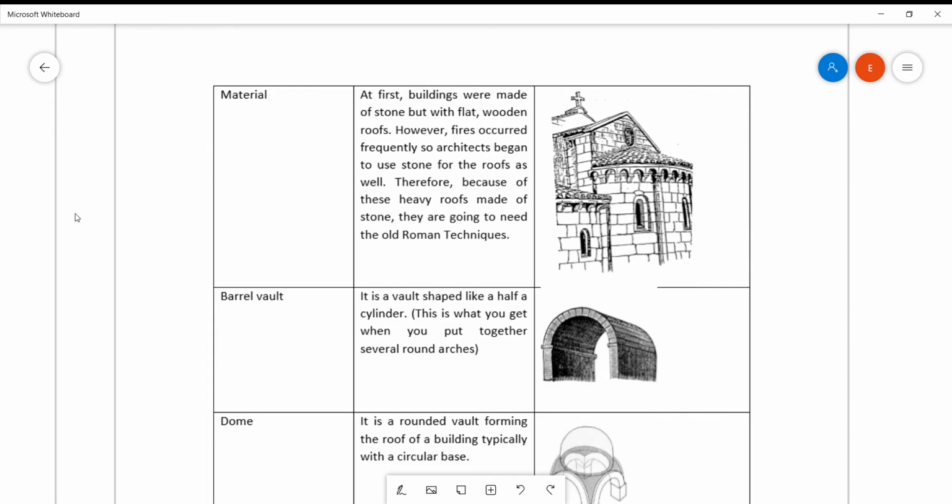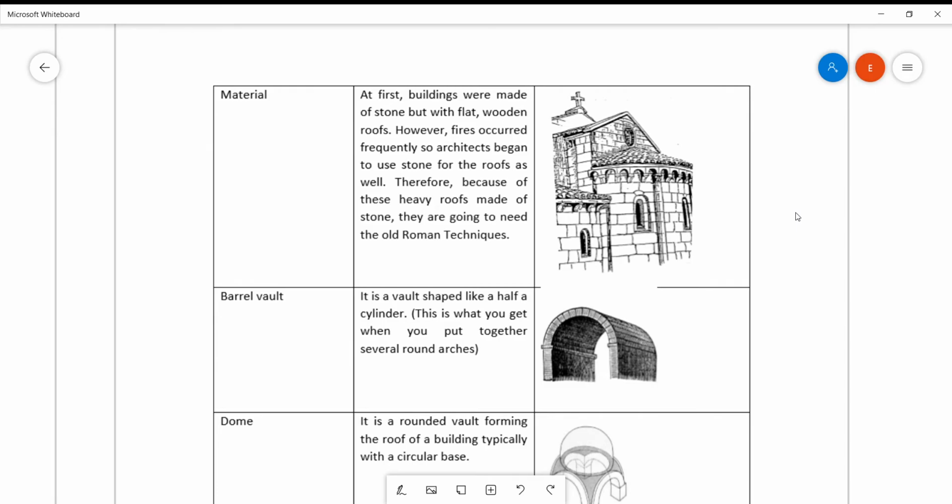They have very heavy roofs and they had to support that with thick walls. And another element that we will see later, which was the buttresses. So thick walls and buttresses. And because of this, also they are not going to have large windows, and therefore they are not going to have a lot of natural light inside the churches.